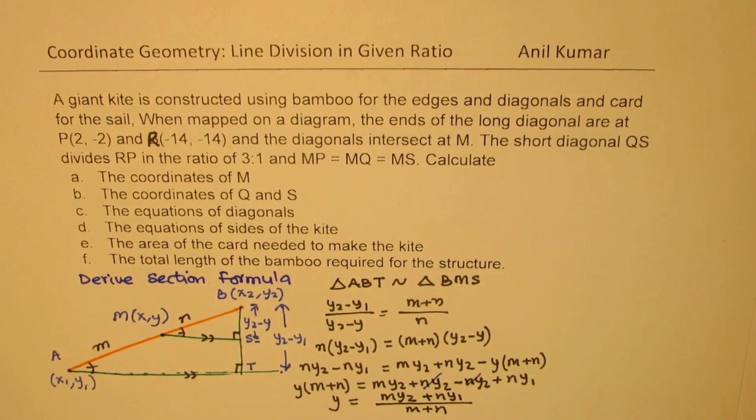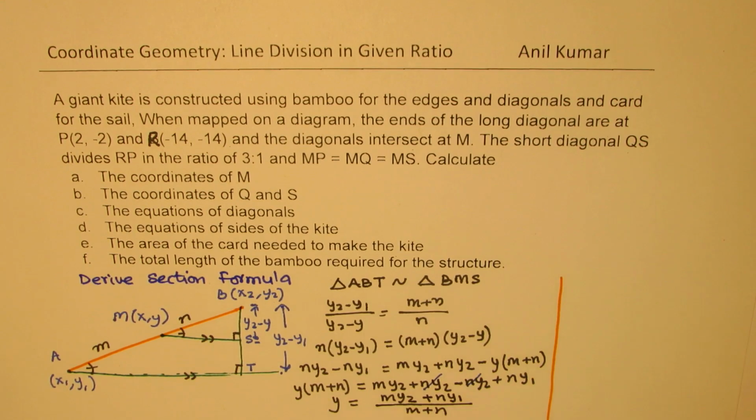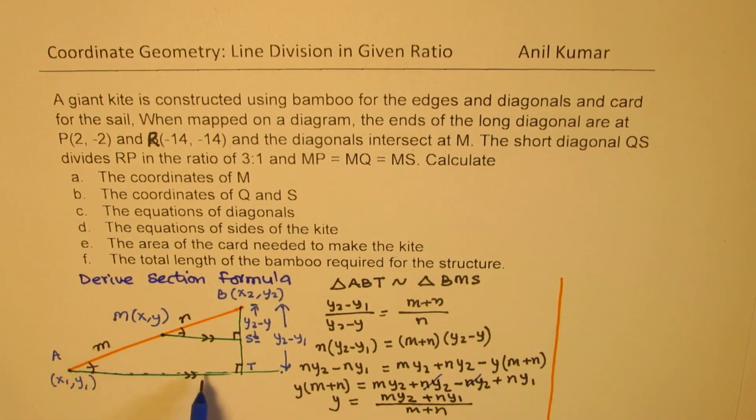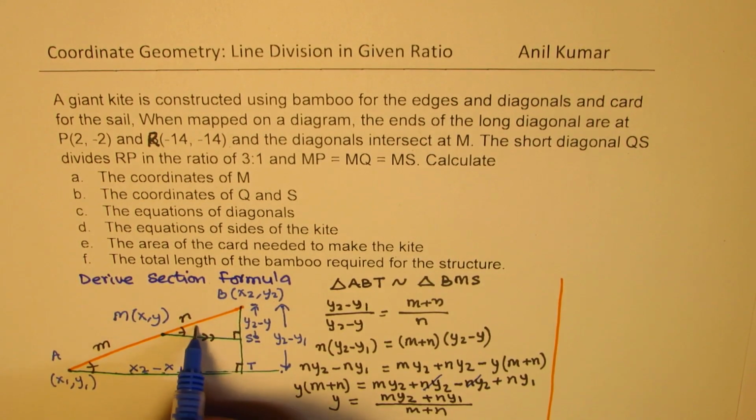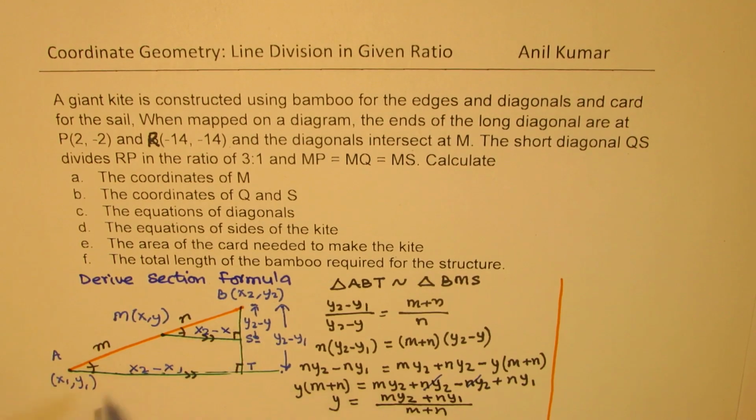Is that clear to you? So using these similar triangles, we have isolated y. Correct? Now the same thing you could do for the horizontal distance. Now this line here is basically x2 minus x1, and this is x2 minus x, correct?